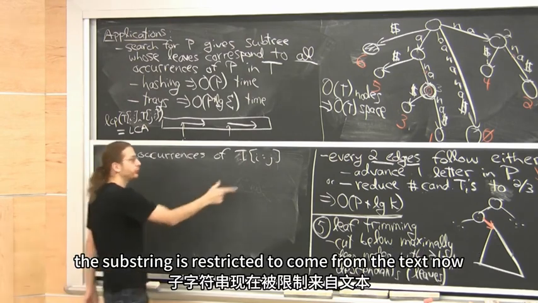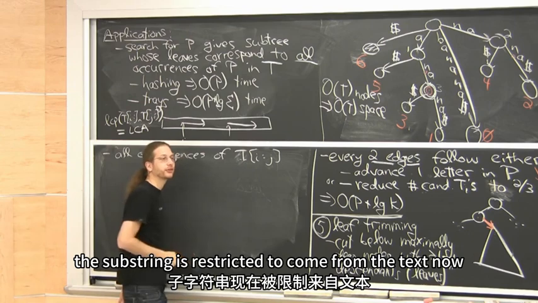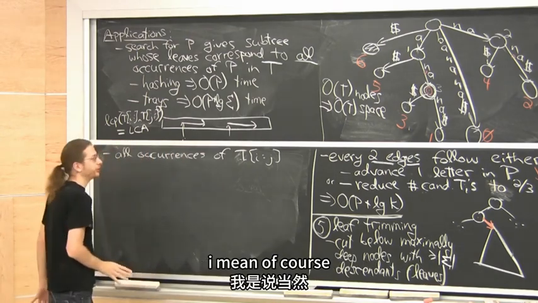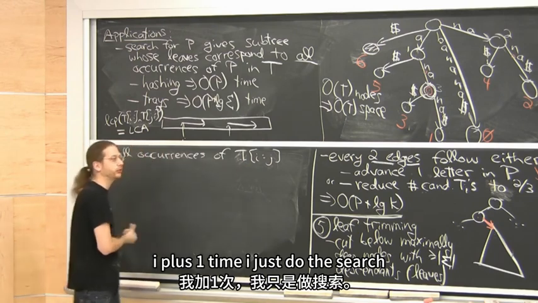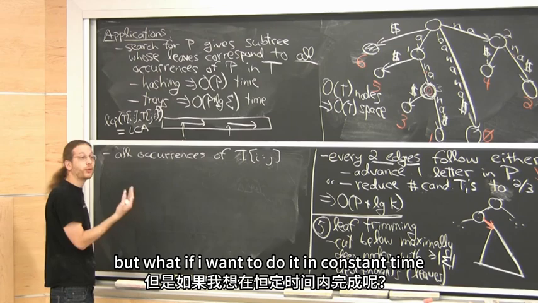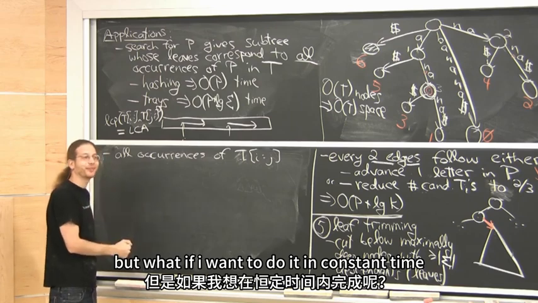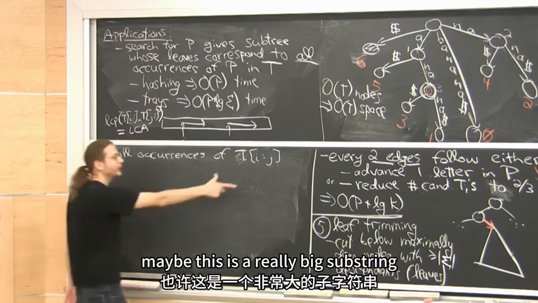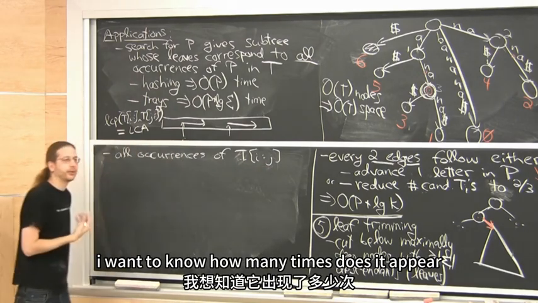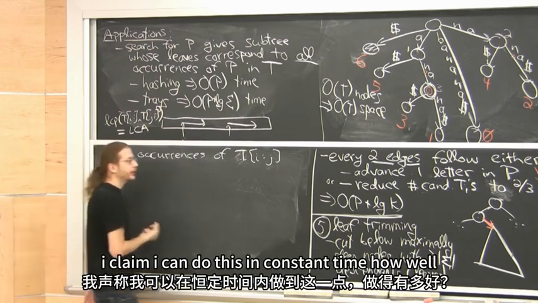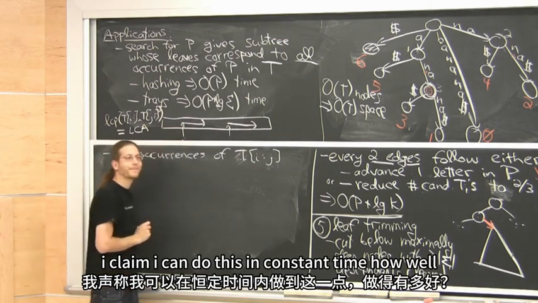The substring is restricted to come from the text. Now, this is a little subtle. I mean, of course, I could solve it in j minus i plus 1 time. I just do the search. But what if I want to do it in constant time? Maybe this is a really big substring, but I still know it appears multiple times. I want to know how many times does it appear. I claim I can do this in constant time.